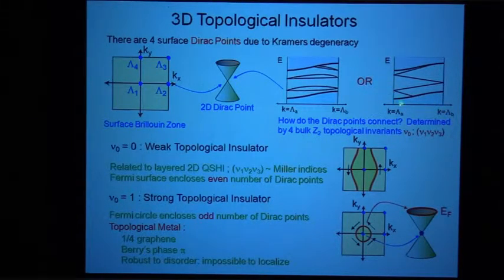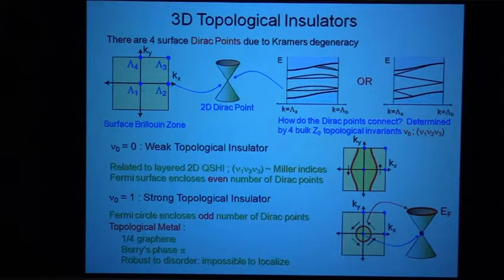Right, because in a two-dimensional system, you don't have the conduction and valence band. So this could not exist in a purely two-dimensional system. So when you look at the invariant on the edge, looking at the band dispersion, you can, in specific cases, pretty simply pick it out.